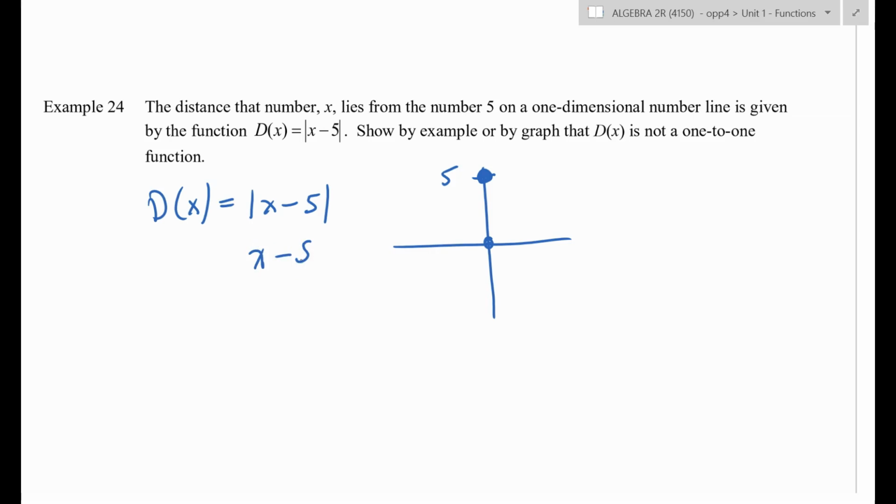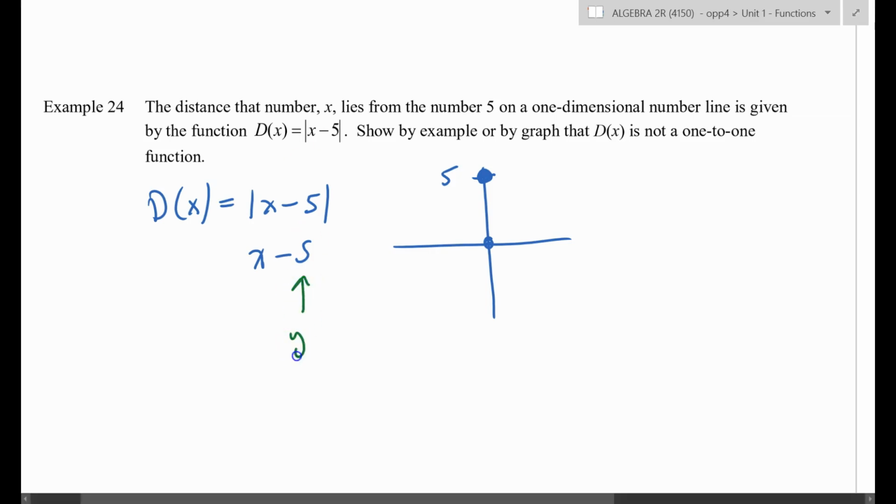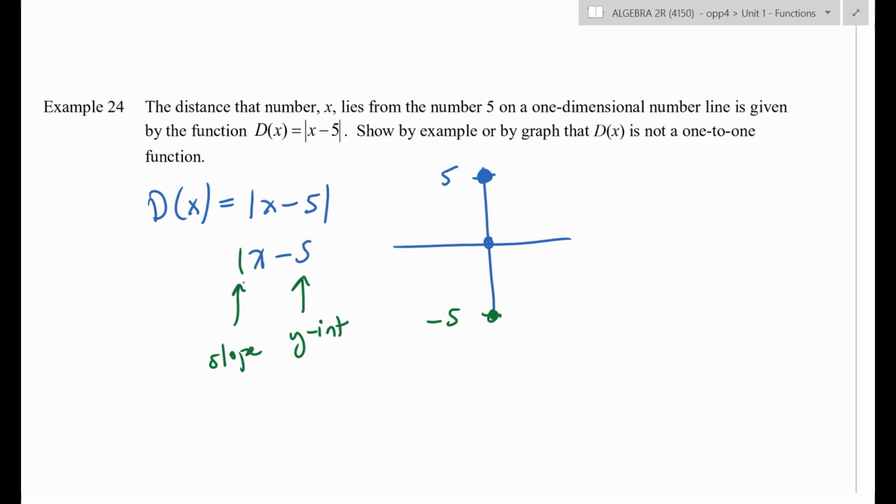To graph a line, I first graph the y-intercept, which is down here, and then I graph additional points by utilizing the slope. And the slope in this case is the number prior to the x, or 1. So if I have a slope of 1, what does that mean? I rise 1 and I go to the right one.